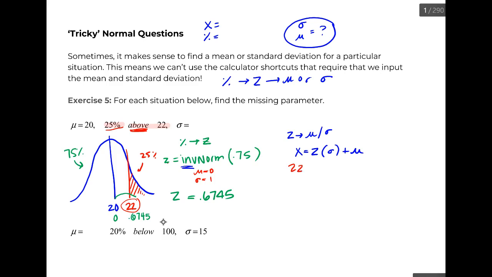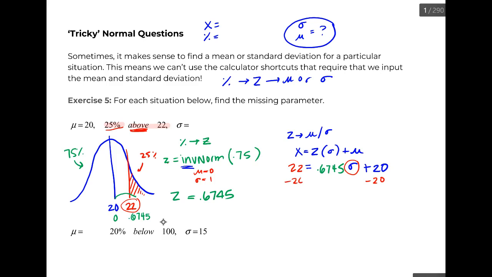That's our cutoff. We just found our z-score of 0.6745, which made sense because it was above average. We don't have the sigma, but we do have that mean of 20. So this is the hardest amount of algebra we ever do in this class. We're going to have to solve for this sigma.